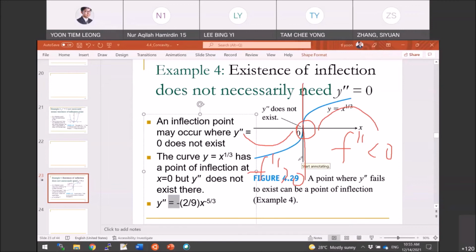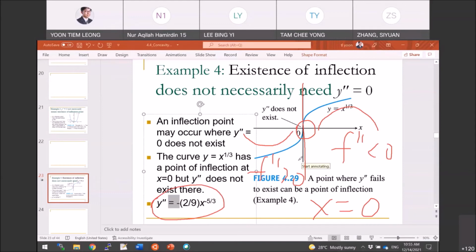It has a tangent line defined there, and the sign changes at x equals 0. Therefore, x equals 0 is an inflection point. But if you look at the expression for y prime prime, it is actually not defined at x equals 0. But that does not affect the fact that x equals 0 is still an inflection point.